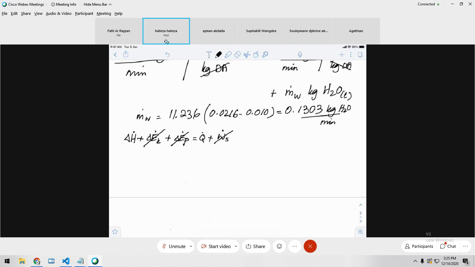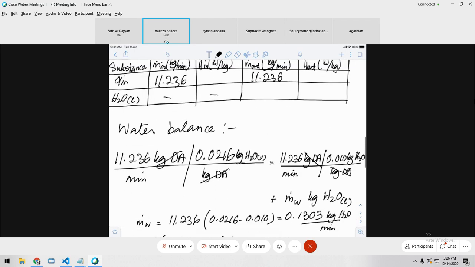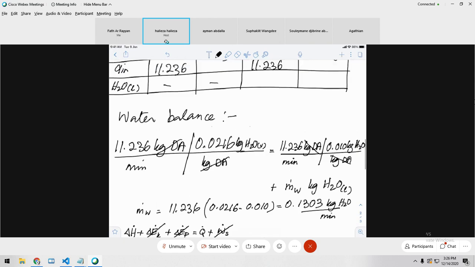Your Q is equal to the change in the enthalpy rate, and that's going to be out, the mass flow rate times the specific enthalpy, minus in, the mass flow rate times the specific enthalpy. So now let's look at our table. Have we finished everything? Yes, we need the value of the water that we just calculated.